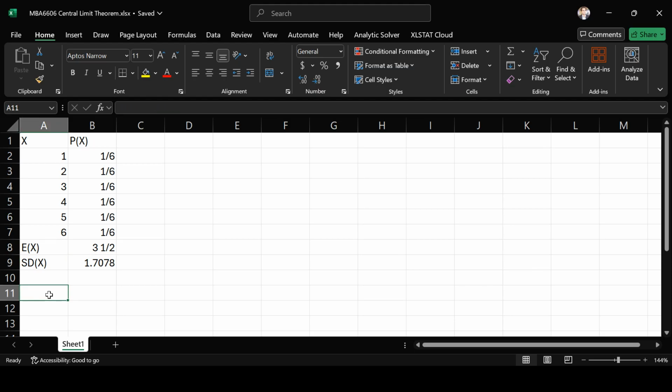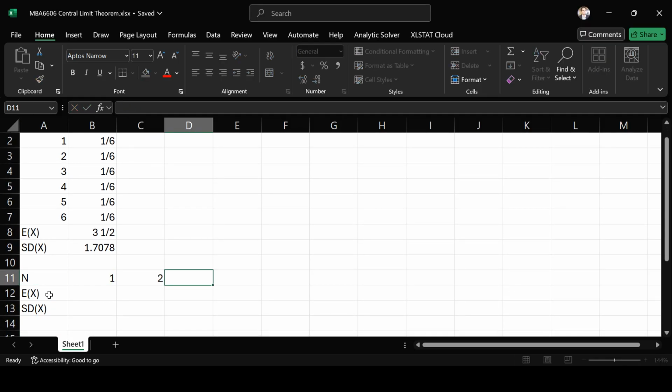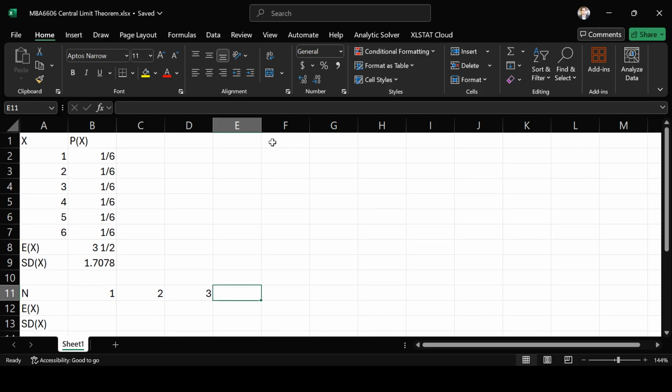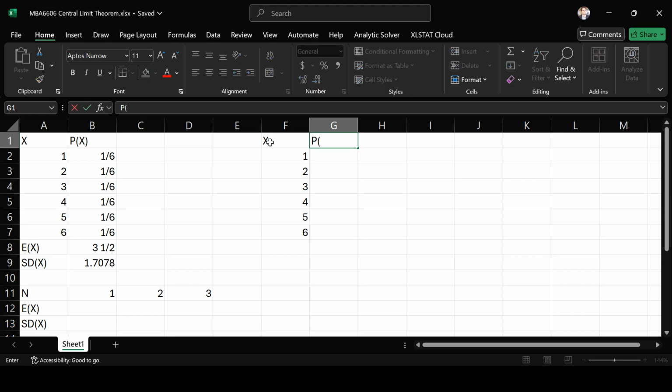And we can also make a table of n, E of x and SD of x. Let us do this experiment for 3 sample sizes. So let us say our x is 1, 2, 3, 4, 5, 6. Associated p of x is 1/6.